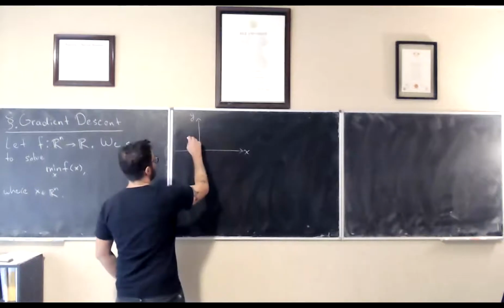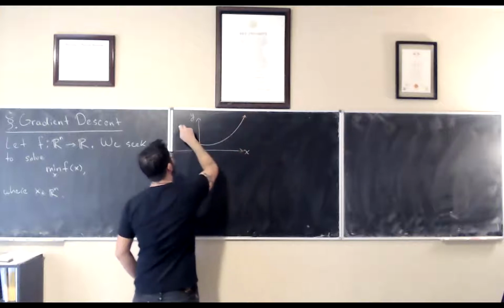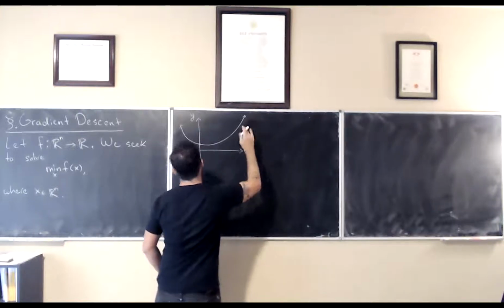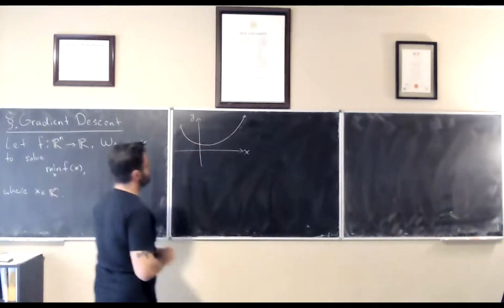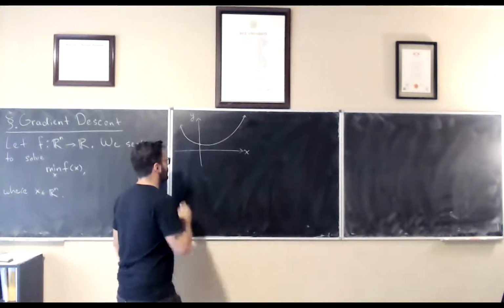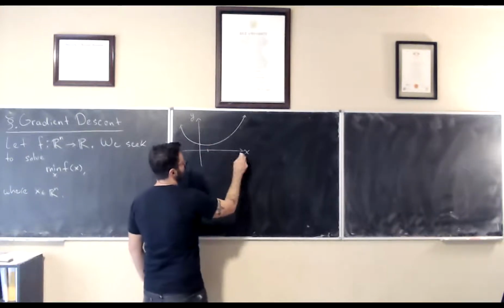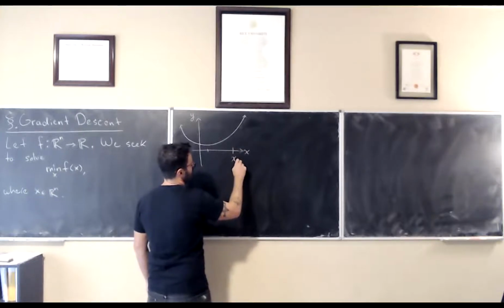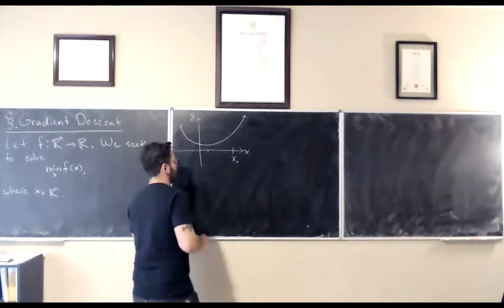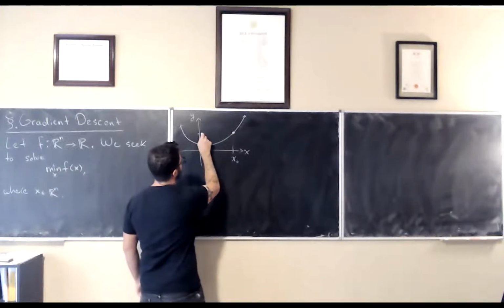So, for example, if this is a graph of your function f, and suppose we want to find a minimum value for this function, for example, maybe here. Then if we make a guess at a minimizer of that function, we can evaluate the value of the function there.